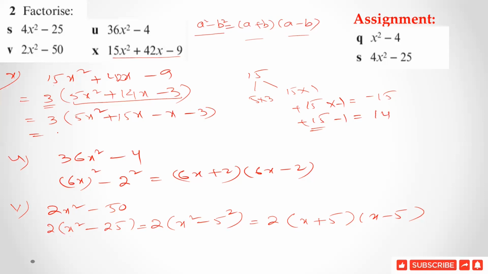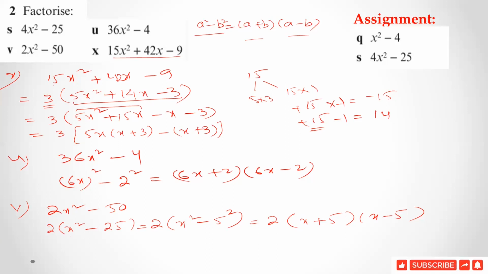Okay, we take 3 as common here. Now we make a big bracket. We take 5x as common from these two terms and we are left with x plus 3. Now we take minus as common and it will be x plus 3. We are done with that.